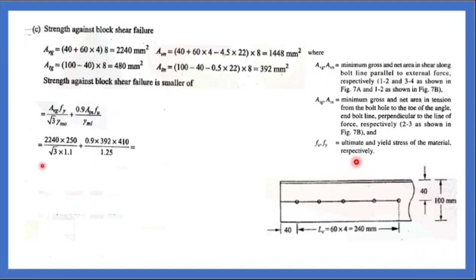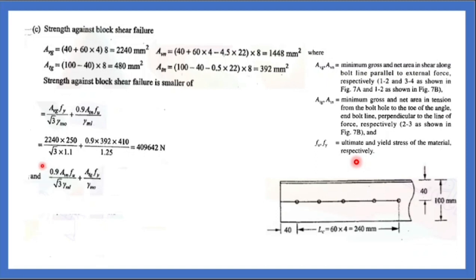Avg is 2240, Fy is 250 divided by root 3 into 1.1 gamma m0, plus 392 into 410 divided by 1.25. Answer is 409 kilonewton, 409.64 kilonewton.